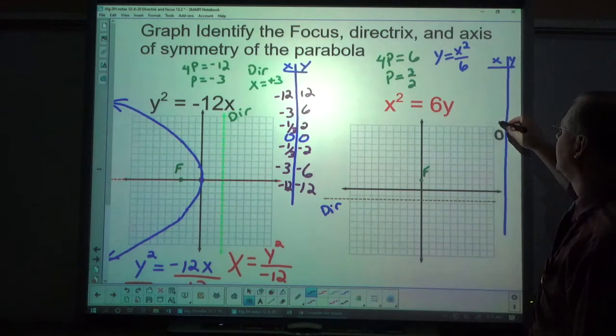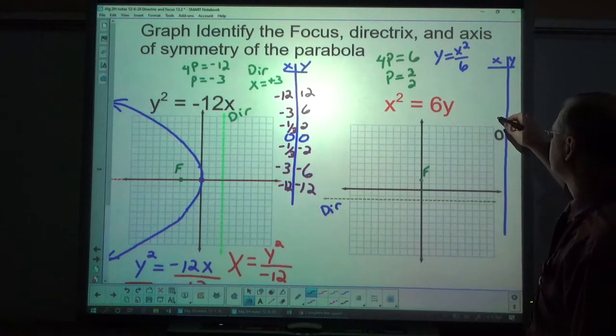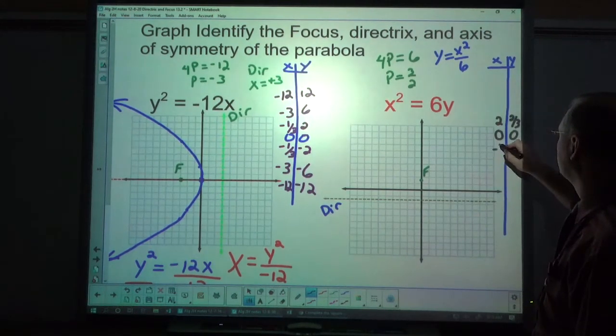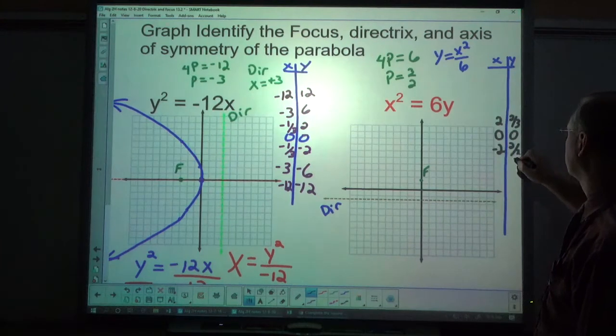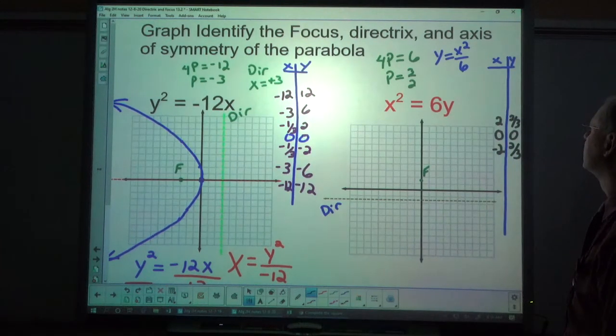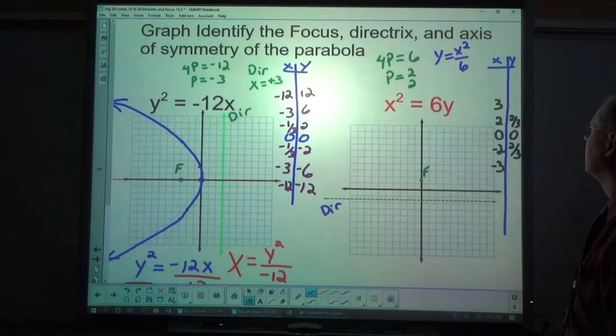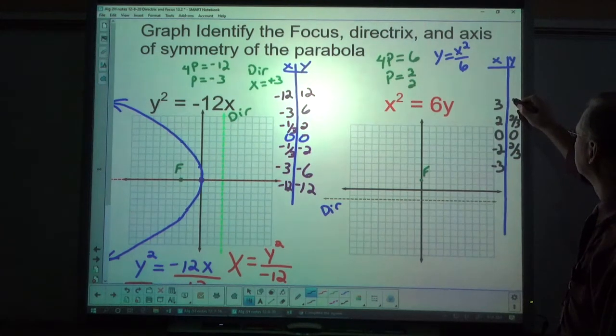I could do 1, but that's going to give me 1/6, so I'm going to do 2. 2 squared is 4, so that's 2/3. Negative 2, 2/3. All right, how about 3 and negative 3? 3 squared is 9. 9 over 6 would be 1.5, or 3 halves.